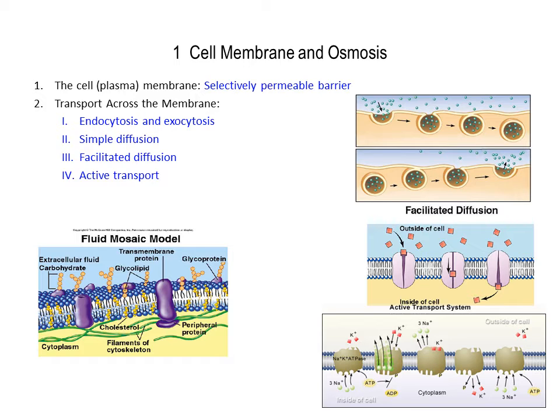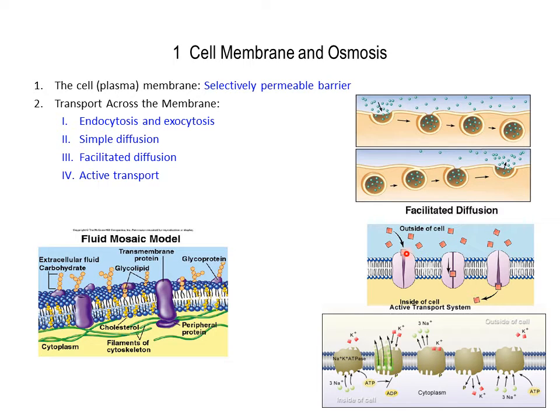There's simple diffusion, which is a molecule just going along its concentration gradient, migrating through whatever it has to do so. There is facilitated diffusion, and that involves having an actual channel that is selective for a given type of molecule or ion. So in essence you are catalyzing that, and that's cartooned here.